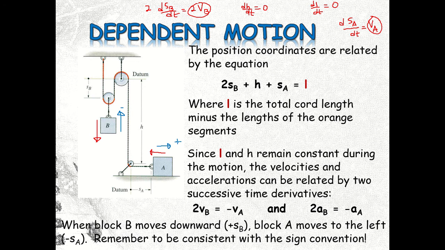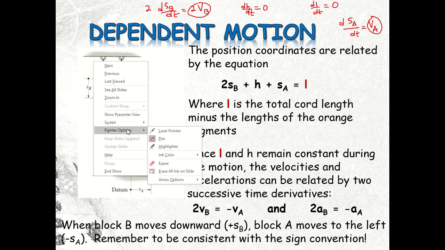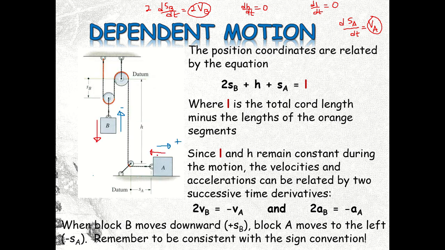We have to be consistent. If block B moves down, meaning block A is moved to the left, we consider the left as negative and the downward motion as positive.